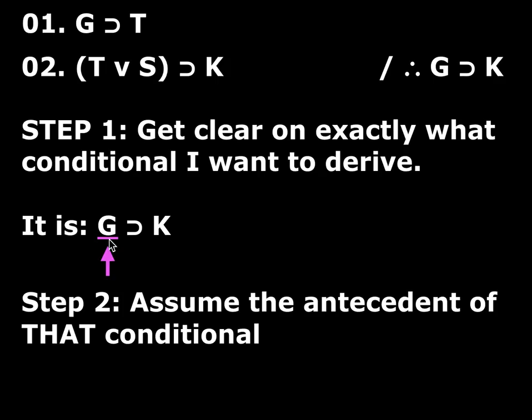If you want to know if the liquid is lethal, that means the conditional you want to establish is if someone drinks it, then they will be killed. That conditional then tells you the thing that you need to make true, the antecedent. You make someone drink it. Okay, and then you see if the consequent follows. So this is the antecedent. I'm going to pretend this is true. So this is going to be my assumption.